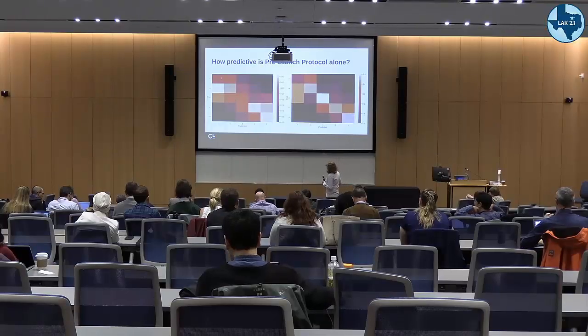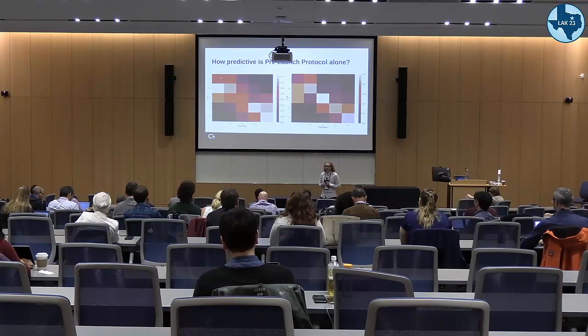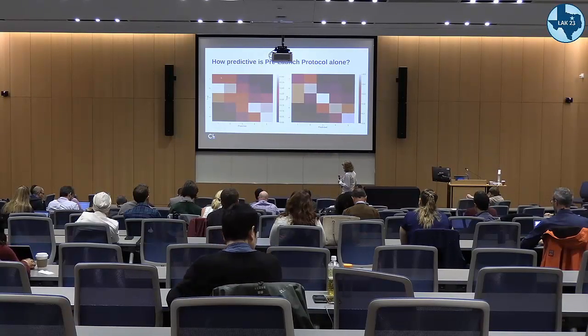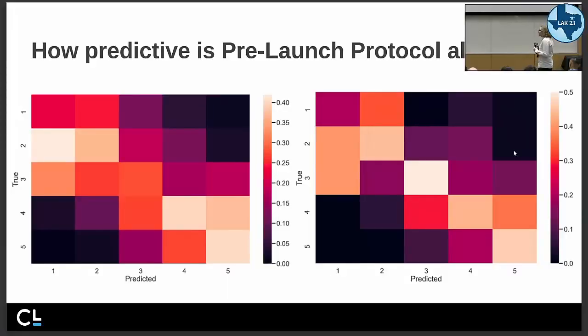And again, the same here, but only for pre-launch protocol data. This looks worse because we went down from 8 million data points to 165,000 data points. But it's still pretty reasonable if our goal is to have some binary prediction, because almost all of those mistakes are within one level up or down from the true level.